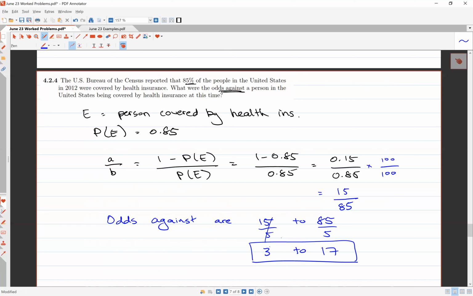So if we find 3 people not covered by health insurance, then we would expect, if we're just collecting people until we find 3 not covered by health insurance, to have another 17 covered by health insurance. Or out of every 20 people, 3 will not be covered by health insurance and 17 will.